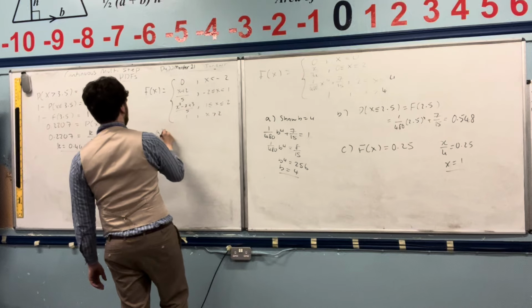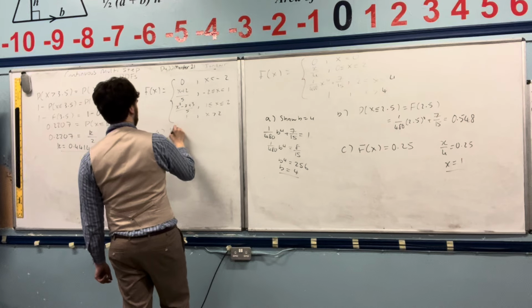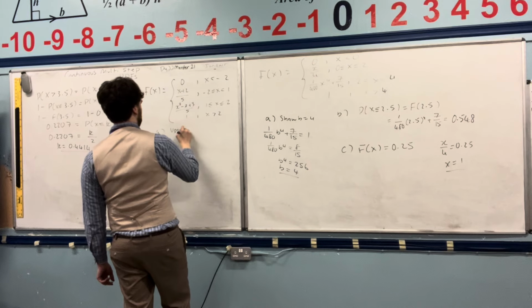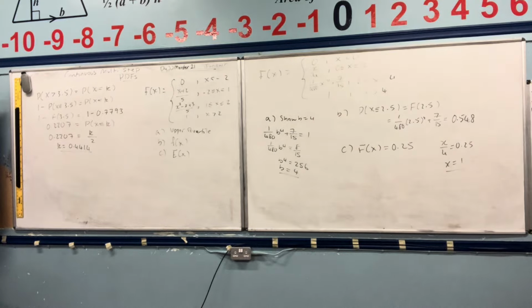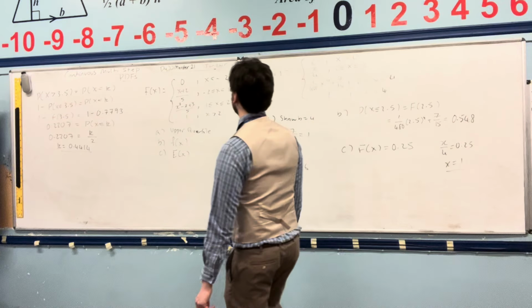Okay, so part A wants the upper quartile. Part B wants small f of x. Part C wants the expected value. So it's 5 marks, 4 marks, and 4 marks again. Yeah, 5, 4, 4. 13 minutes.